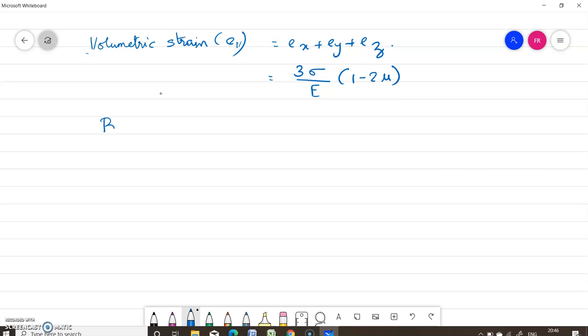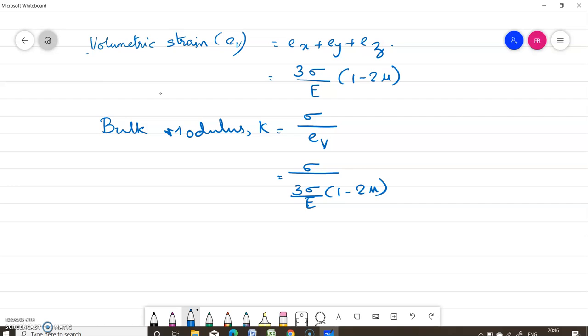Now what is bulk modulus? You know, bulk modulus is represented by the letter capital K, and this is equal to equal stress in three mutually perpendicular directions divided by volumetric strain. So this is equal to sigma divided by 3 sigma by E into 1 minus 2 mu.